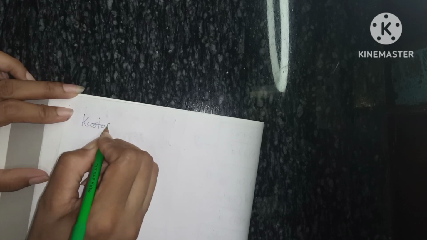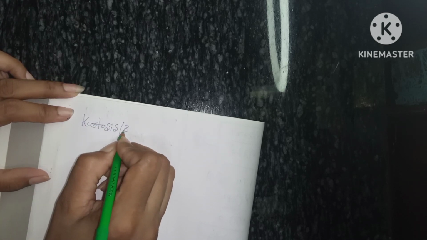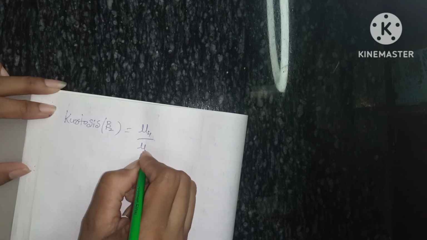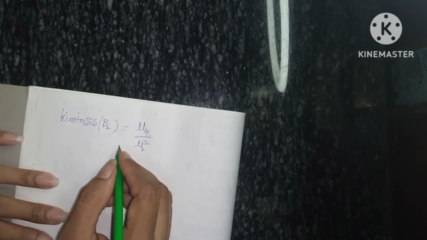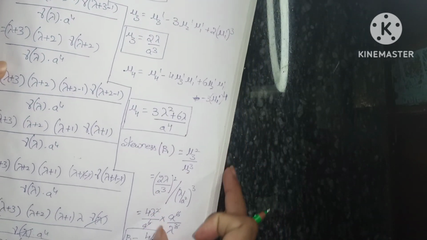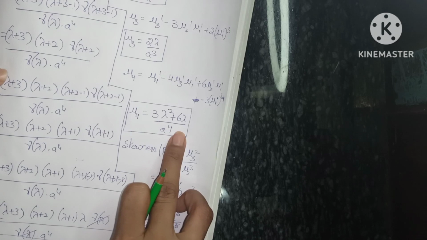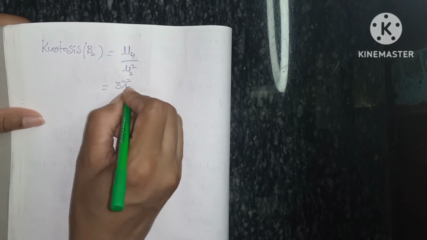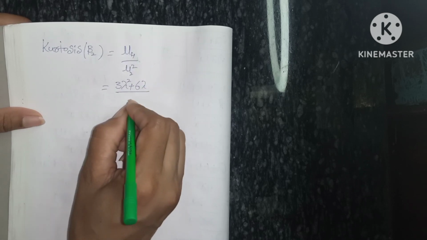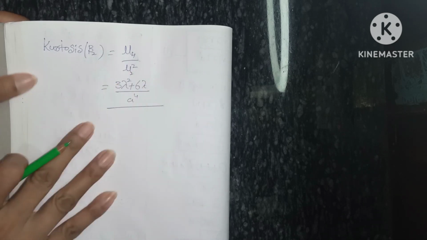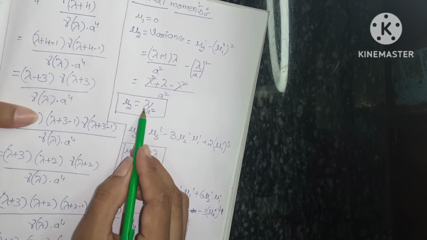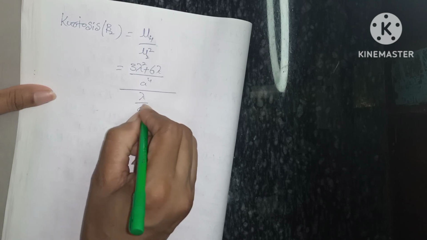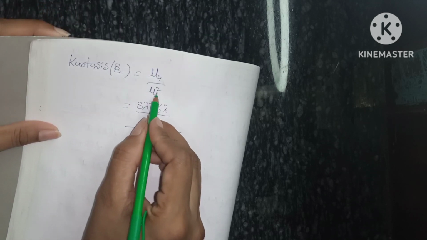So kurtosis is beta 2. The beta 2 formula is mu 4 by mu 2 square. So what is mu 4? Here we got mu 4 as 3 lambda square plus 6 lambda by a power 4, whole by mu 2, which here is lambda by a square, so lambda by a square whole square.